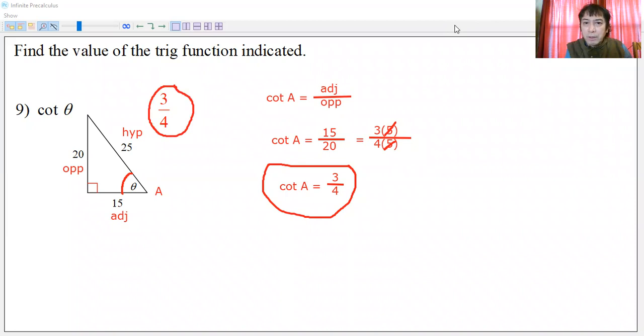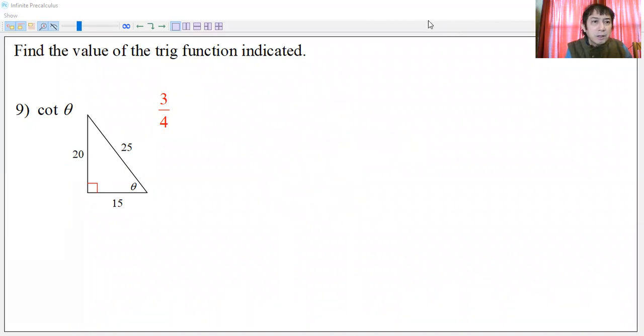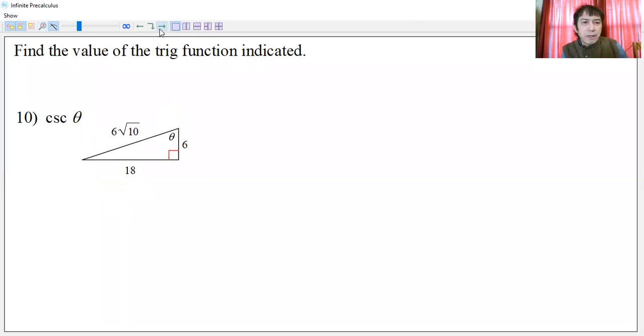Let's continue with our next number 10. Let me clear the screen. Here's our next. Find the value of the trigonometric function, number 10, cosecant of theta. Our theta is over here. That's our theta. We shall put another name to it.